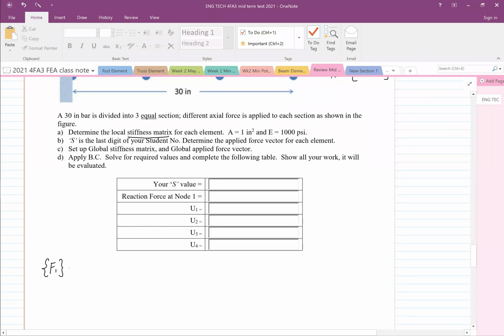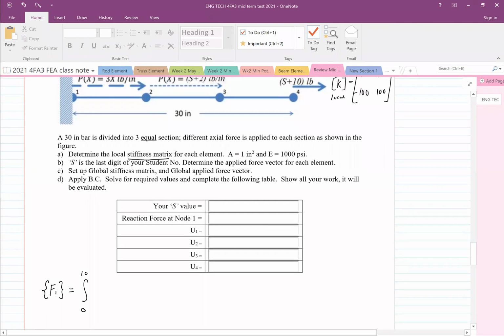F1 is the integral from 0 to 10 of the force function, 3x times the shape function, 1 minus x over L. L right here it's 10 inch.